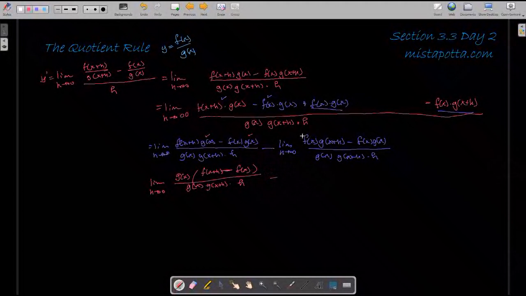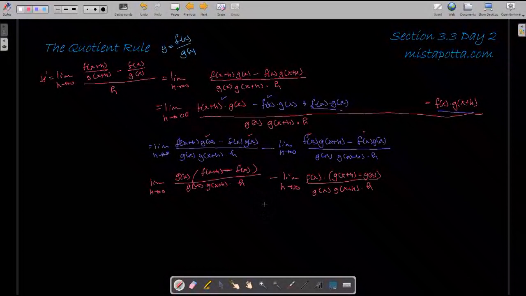Minus, over here my common term is the f of x, and so that's what I'm going to factor out. The limit as h goes to 0 of f of x times g of x plus h minus g of x, all over my common factor, g of x plus h times h.